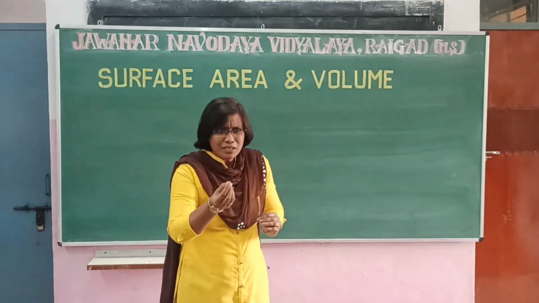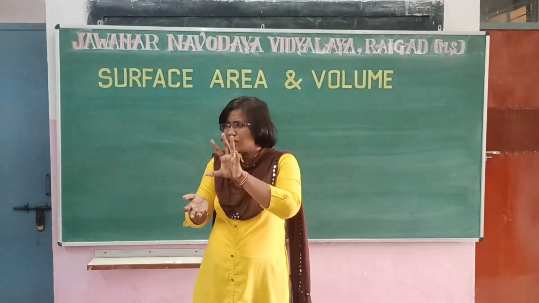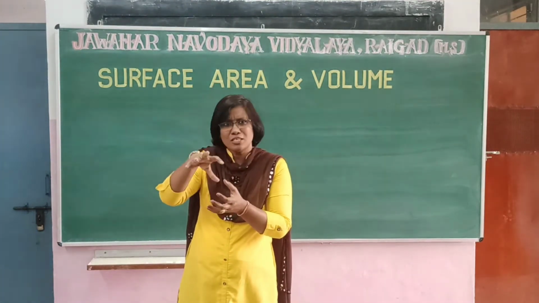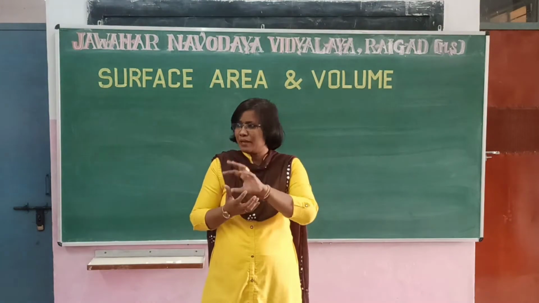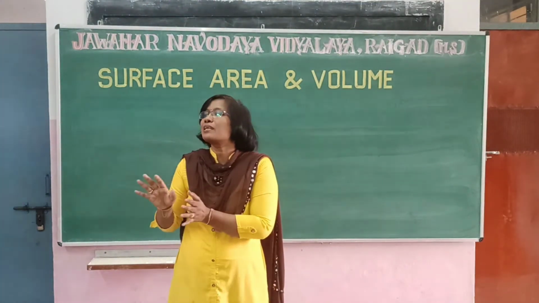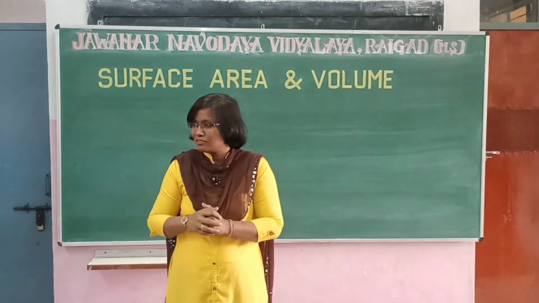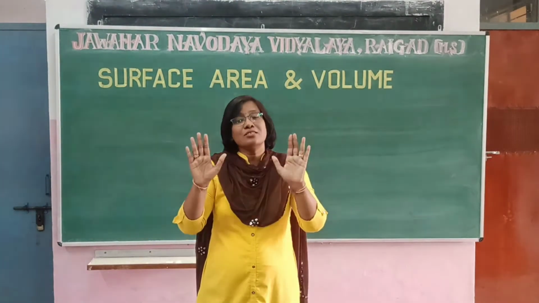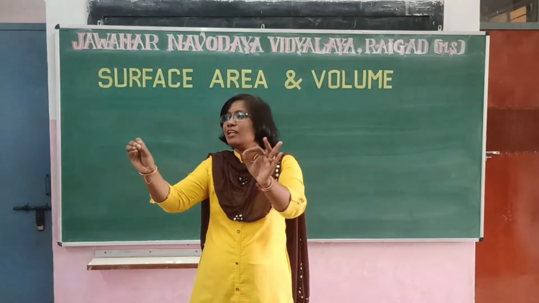Bundi are the small spheres. We make them soaked in sugar syrup, and then we prepare that big sphere, that is laddu. So mathematics is a very practical subject, okay? You can see mathematics in your everyday life.